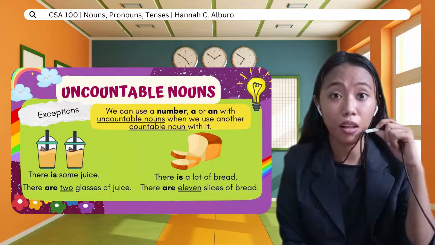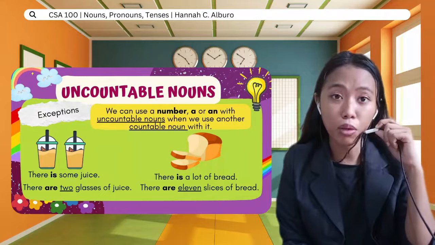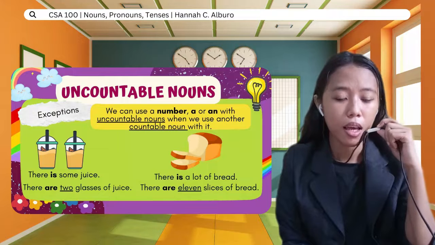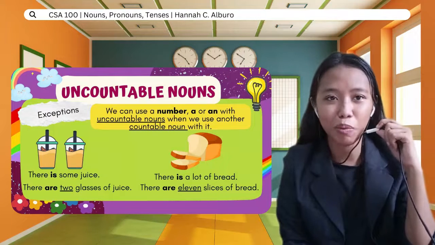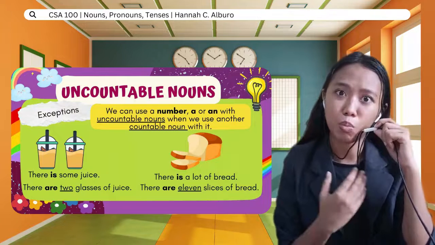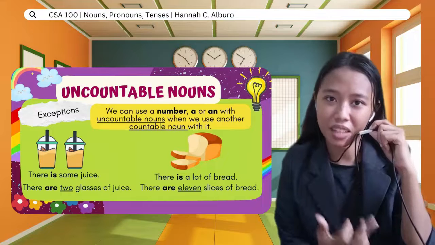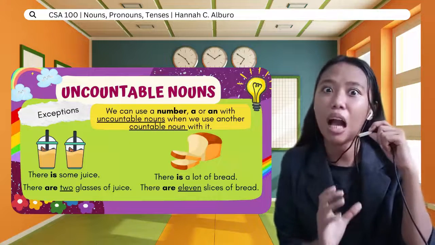There is a lot of bread. So we only used the uncountable noun over here, bread. And since we cannot count bread, yes, we cannot count bread. Same explanation as the cheese, because bread is a collective noun in which individual examples can be counted.